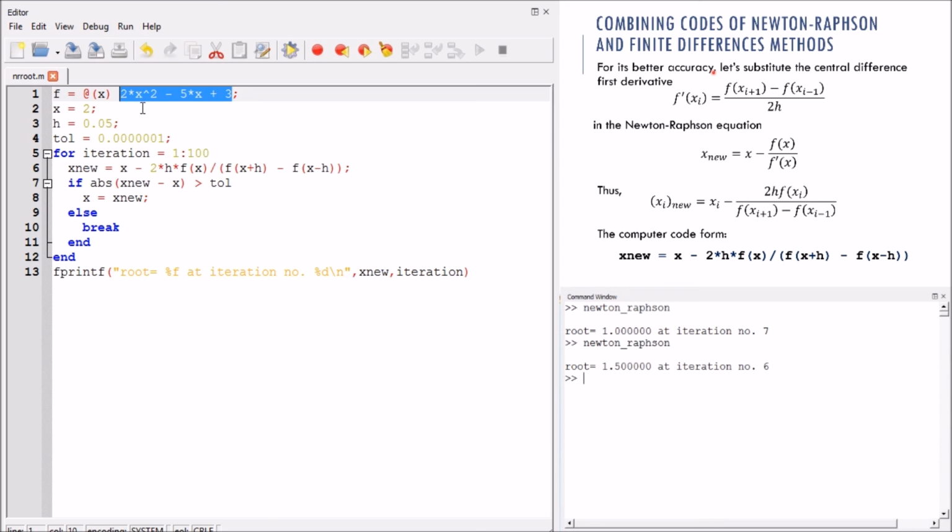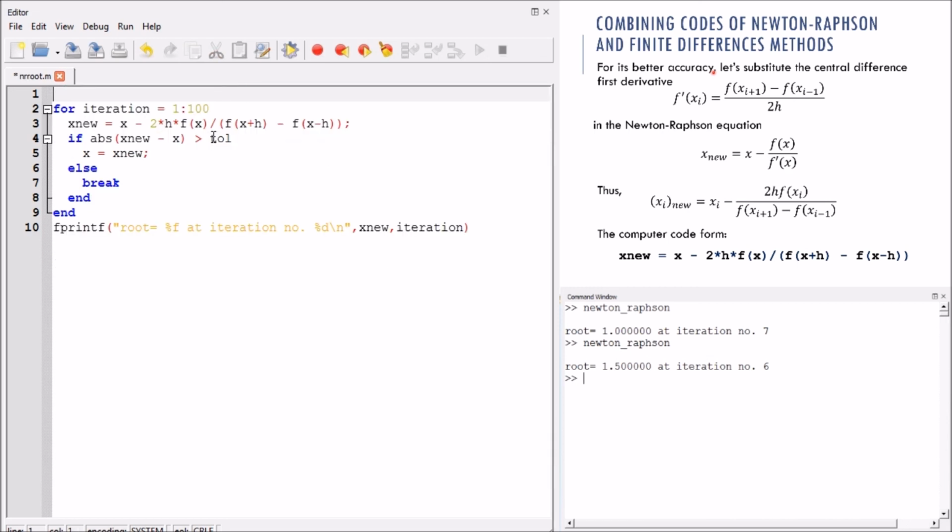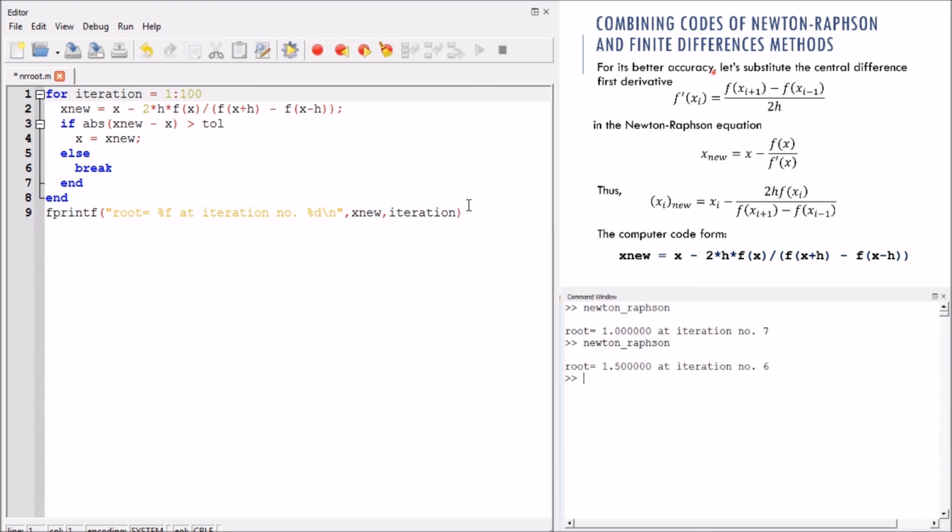The changes which will be done: first of all, we will neglect all these things, and we will leave the loop. Also, we shall neglect the printing.